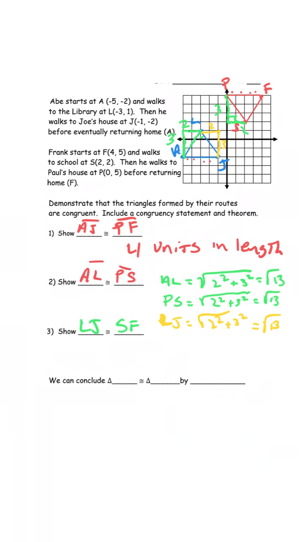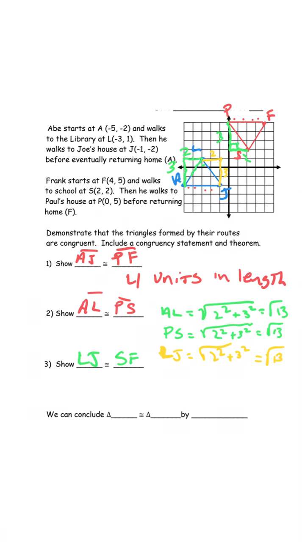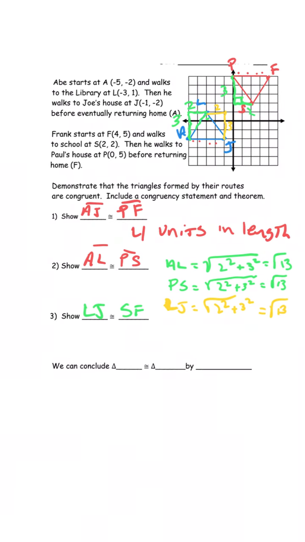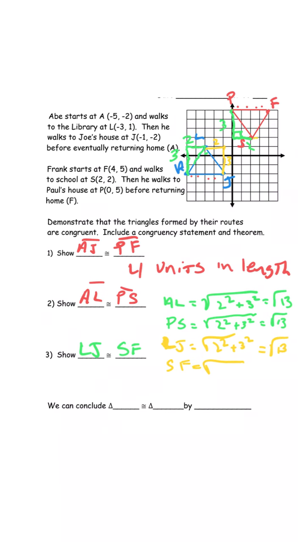And then I've got SF is equal to the square root. And again, if I come up here and I do my Pythagorean theorem, that's 2 by 3. So a side length of 2 and a side length of 3. So I have 2 squared plus 3 squared is equal to the square root of 13.